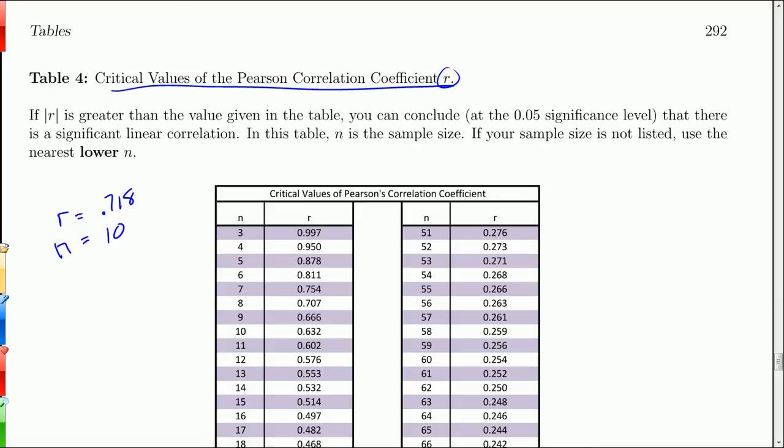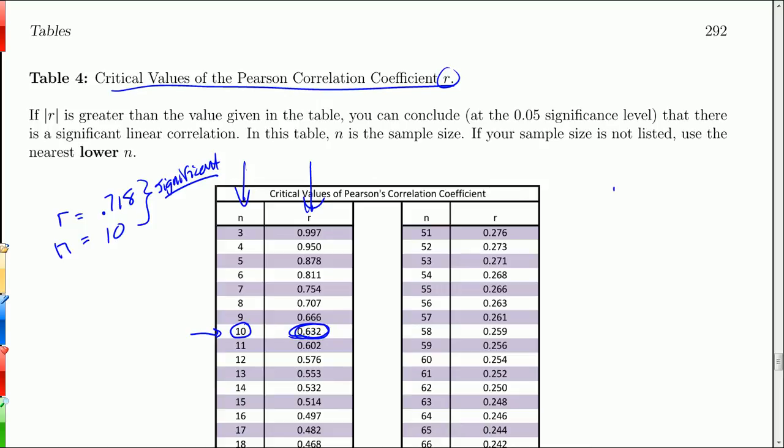What we do is we look down here at 10, and the critical value is 0.632. So if this is your case, then you have a significant correlation, right? Because you have to beat this value in R for your given sample size.